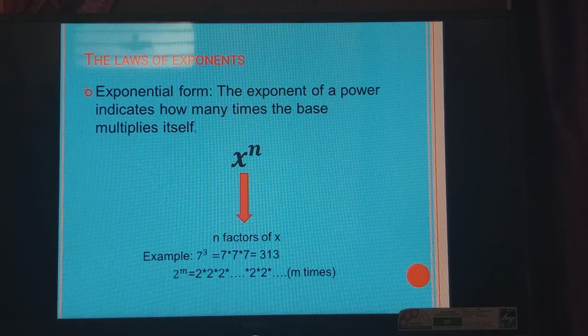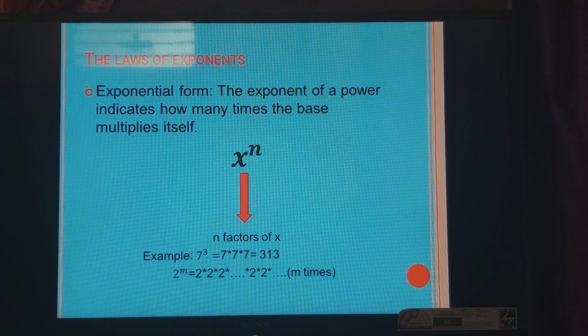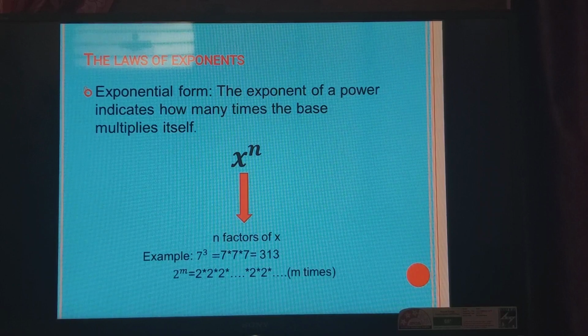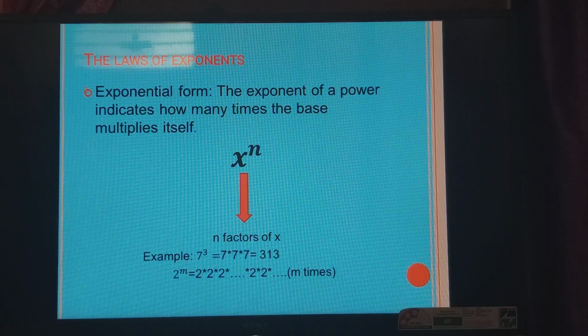For example, x raised to n means n factors of x. 7 raised to 3 means 7 multiplied by 7 multiplied by 7, that is, 7 multiplies itself 3 times. Generally, 2 raised to m means 2 multiplied by 2, m number of times.